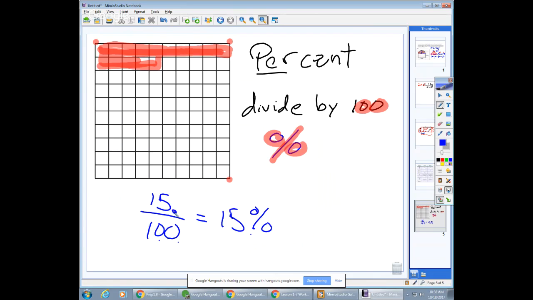So for example, 15 and 100 have what as a common factor? 5, so I could take 5 into each. So 5 goes into 15 3 times, 5 goes into 100, 20 on a good day. So 15% must be 3/20. Anybody with a calculator nearby, whip it out, type 3 over 20. Does it give you 0.15 back?